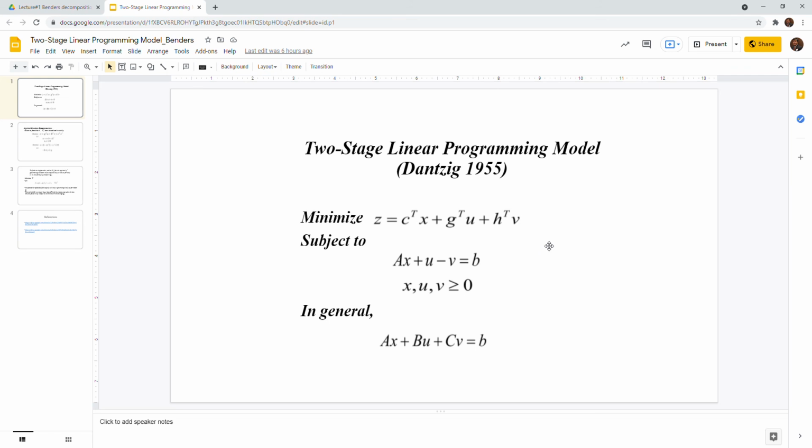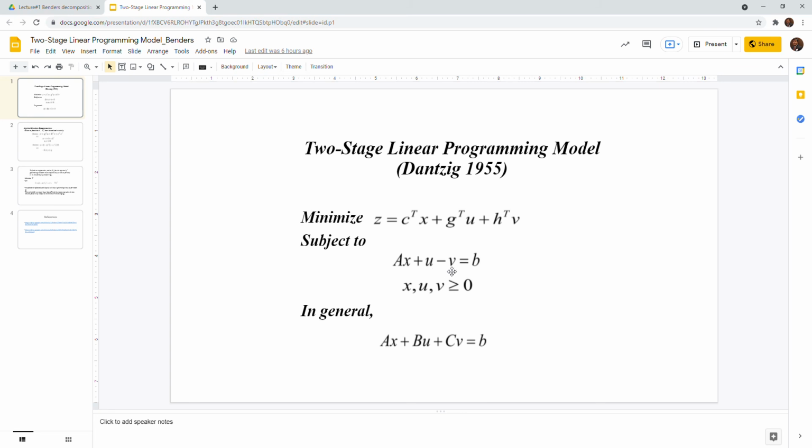So what Dantzig says in the first paper is that in the first stage, a certain condition needs to be determined, which is x. We define x, but with the decision of x, the second stage is the circumstance of the uncertain condition of b and A, which leads you to an additional variable u or v.